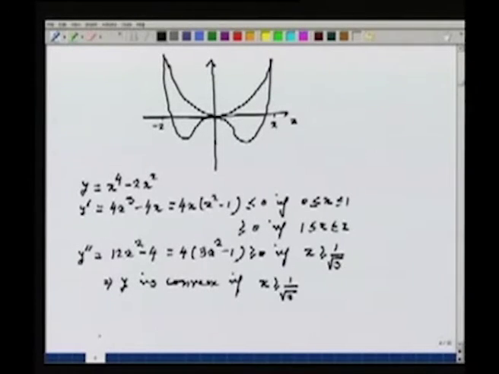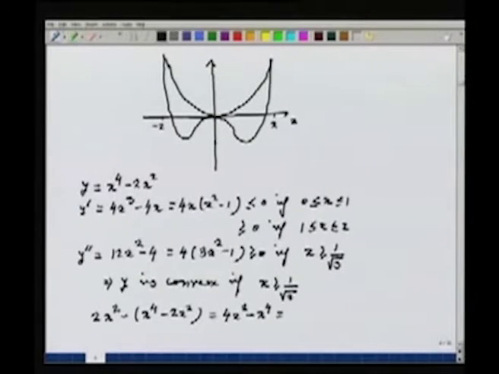Let us just check it here, that I want to look at 2x square minus x to the power 4 minus 2x square. That is 4x square minus x to the power 4.